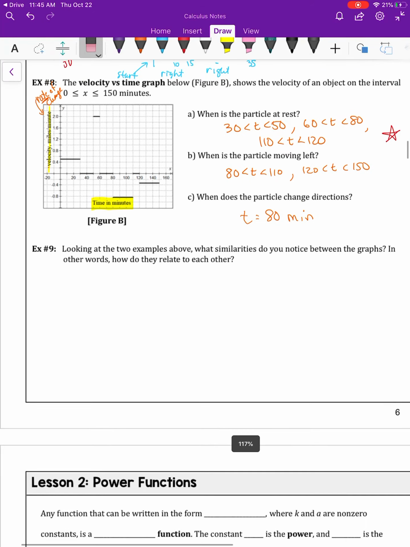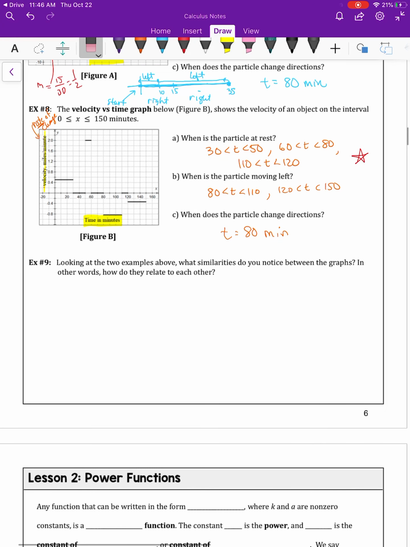Okay? But so we just analyzed that and we're looking for similarities and how they relate to each other.